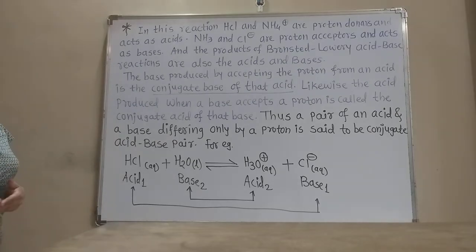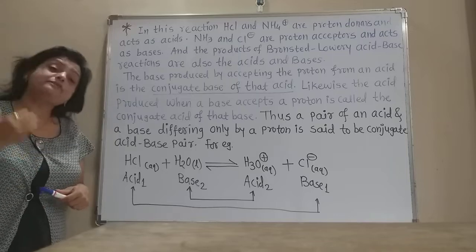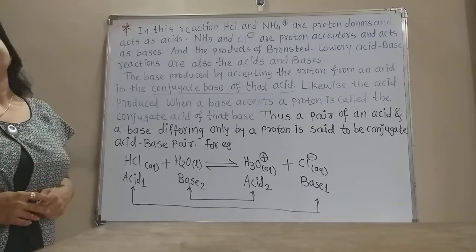And the products formed by this reaction of Lowry and Bronsted acid and base are also acids and bases. That is self-generated acid and base, and they are called the conjugate acid and base.